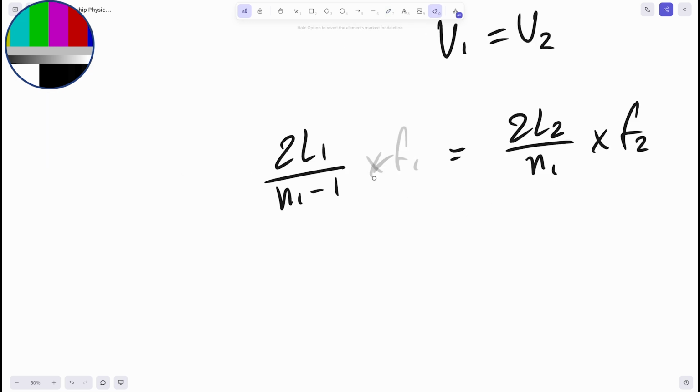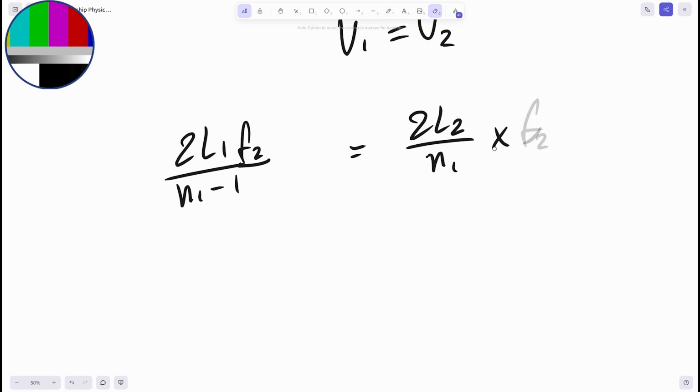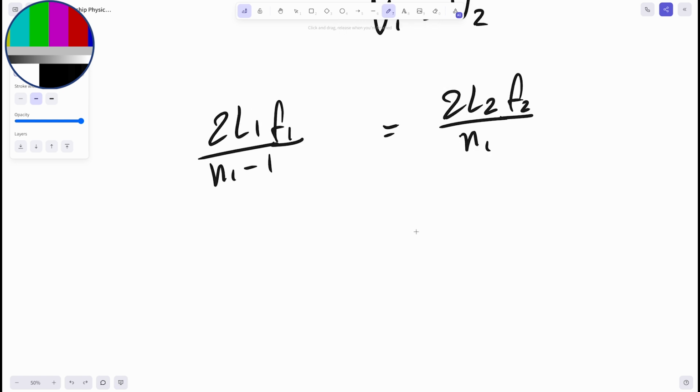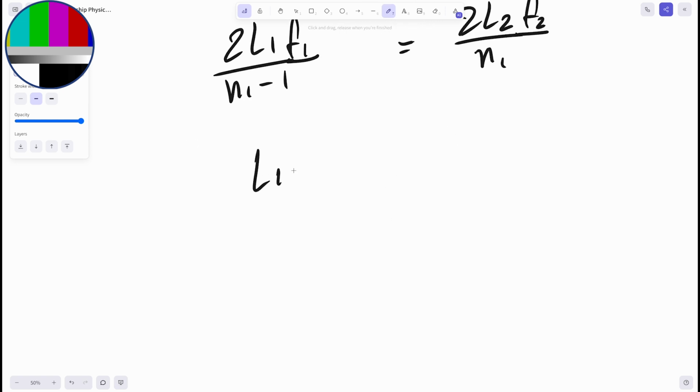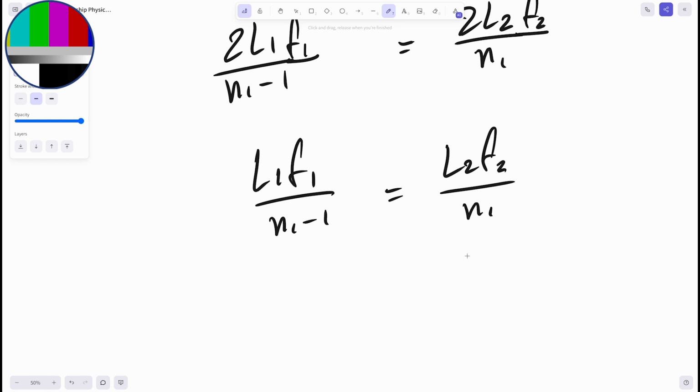We can make this slightly simpler by bringing the frequencies up top. You don't have to do this, I just prefer it like this, my personal preference. Okay, so we can divide both sides by 2 to make it more simple, and we get L1 F1 all over N1 minus 1 is equal to L2 F2 all over N1.